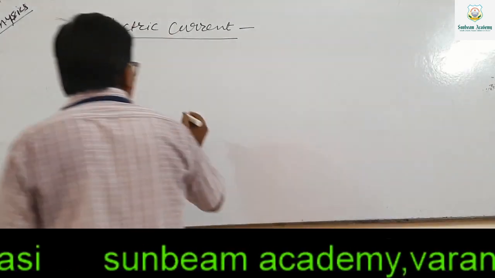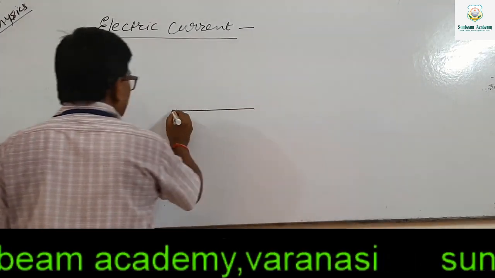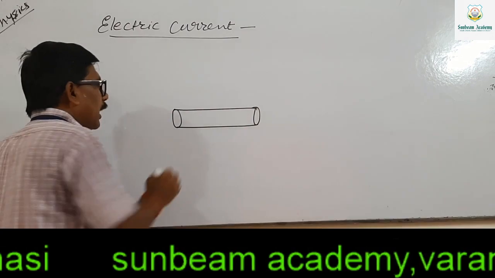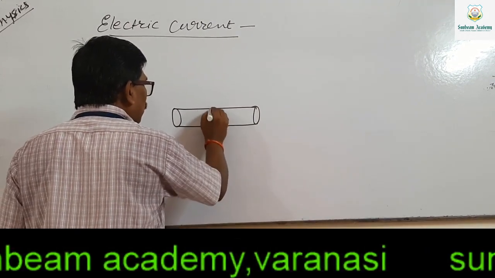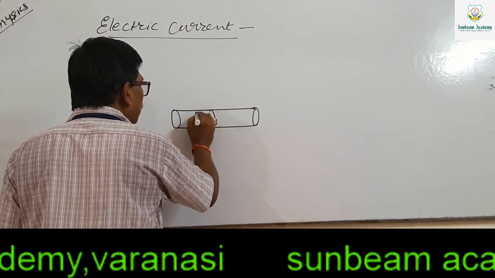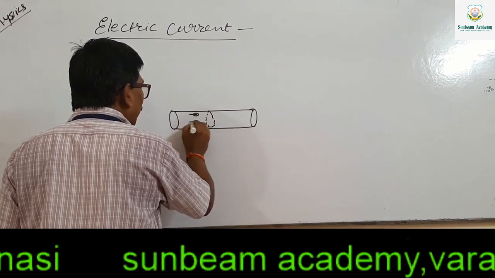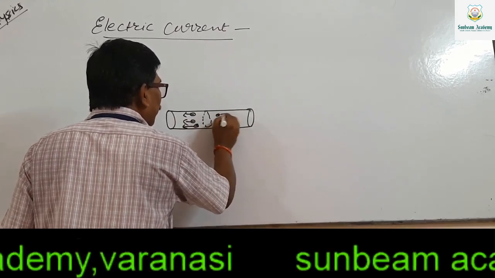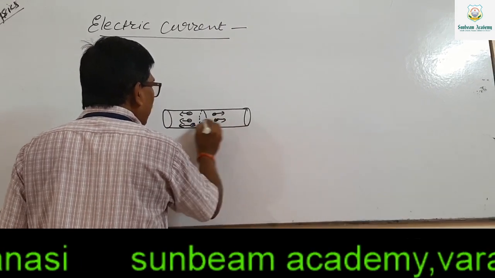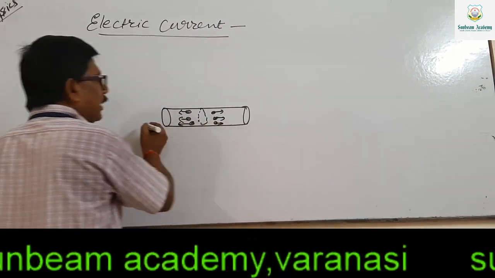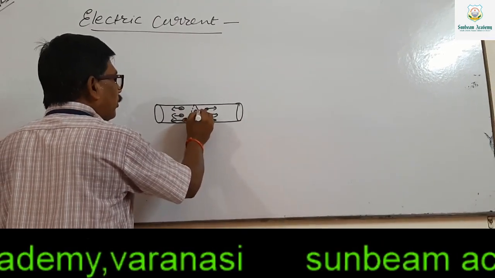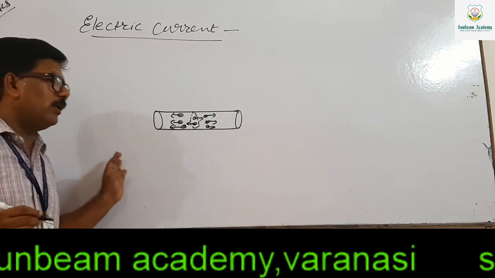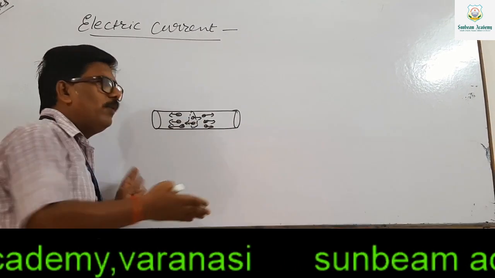When you take any electrical wire or conductor, it contains a large number of loosely bonded electrons, and these loosely bonded electrons are free to move in any direction. If the number of electrons flowing in one direction of the conductor and the same number of electrons are flowing in the other direction, the net flow of charge will be 0.